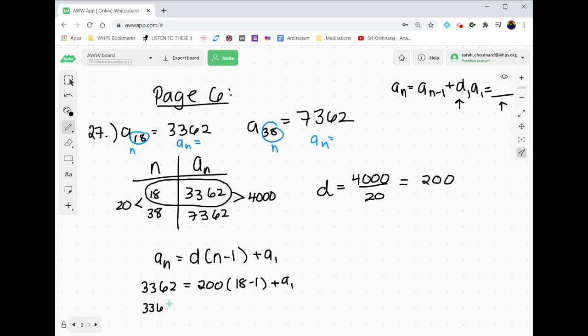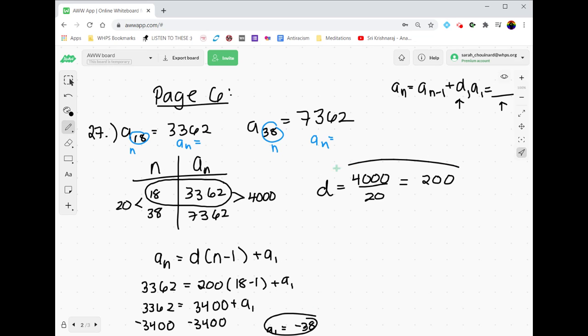So 3,362 is equal to 200 times 17, because 18 minus 1 is 17. Got to make sure you do PEMDAS. So 200 times 17 is 3,400 plus a sub 1. Then I just have to subtract 3,400 to get what a sub 1 is, and that gives me that a sub 1 is negative 38.